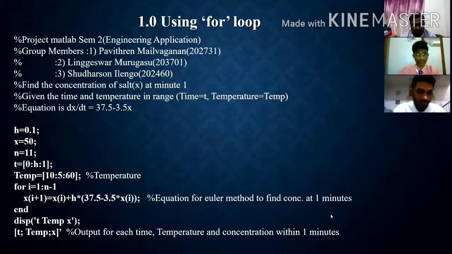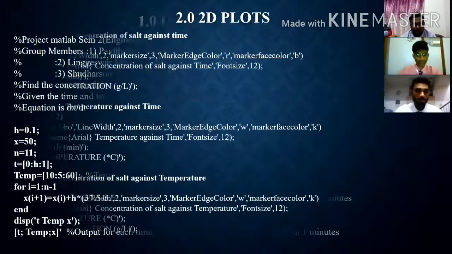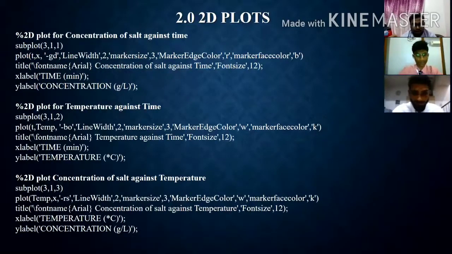After that, we look into the 2D plot for concentration of salt against time. We use subplot here because we have three 2D graphs. The first is subplot 311, plot t, x, which means salt against time. We set the title as concentration of salt against time, the x label is time, and the y label is concentration.